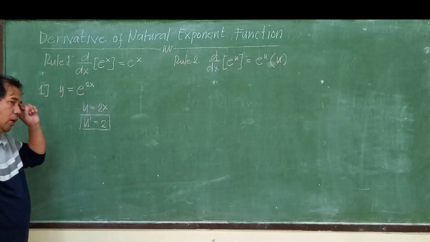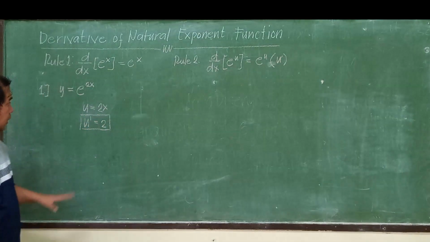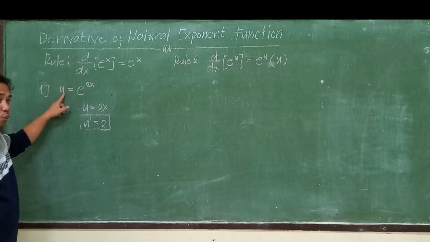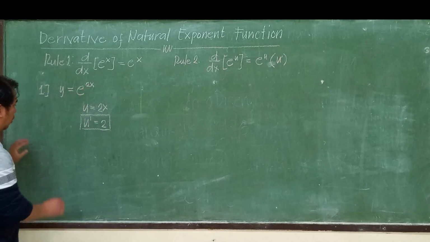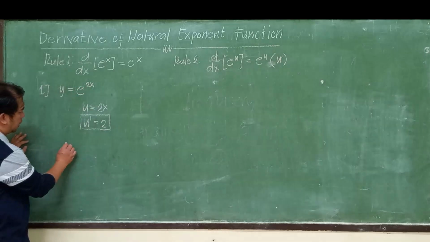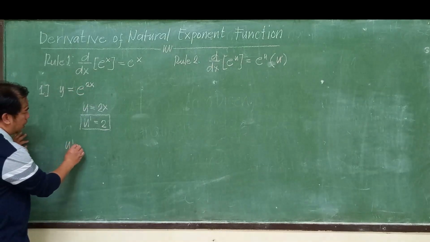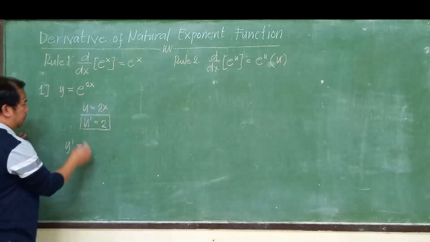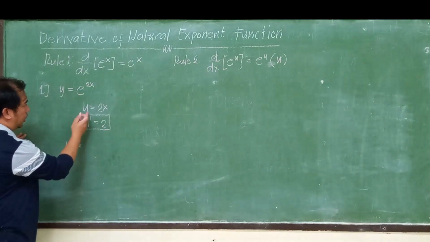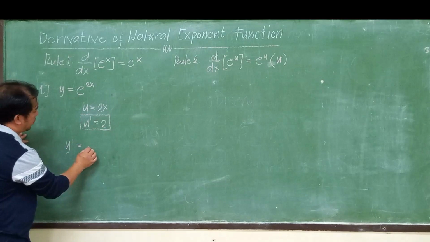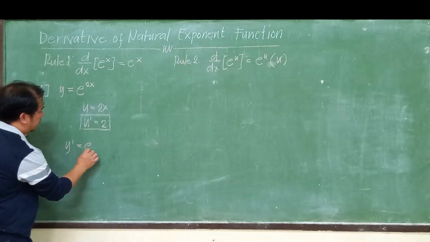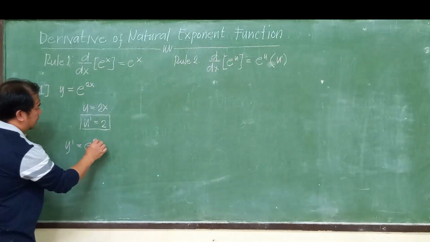Now having said that, we are ready to get the derivative of y, which is equal to e raised to 2x. That is the same as saying your y prime would be the original problem, e raised to 2x.